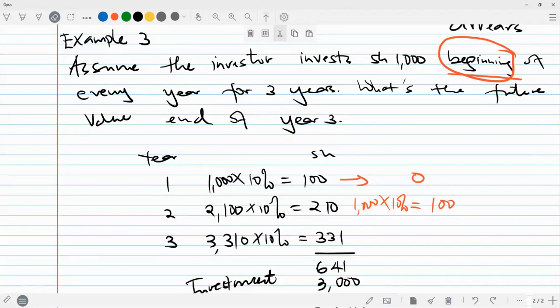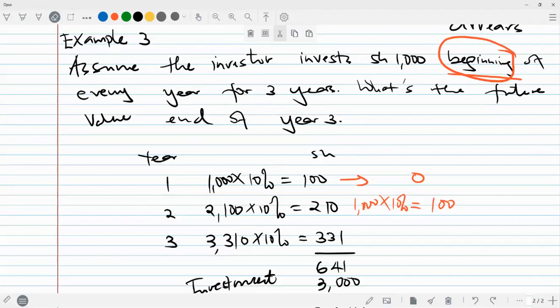So I think the 1,000 you invested in year 1 and the 1,000 you invested at the end of the second year, and then you multiply by 10%. That is what I'm thinking. So the only difference is on year 1, where we'll have 0, but on year 2 we have 2 investments now.